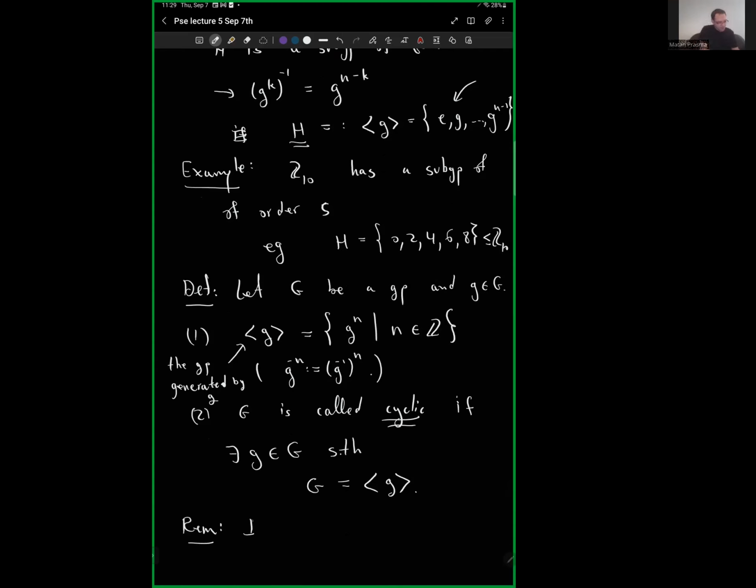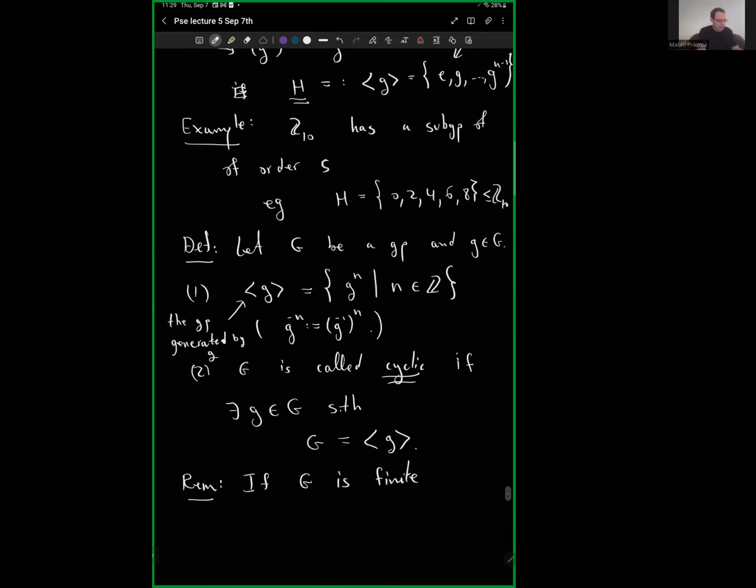I mean, if G is finite, then any element G in G must have a finite order.